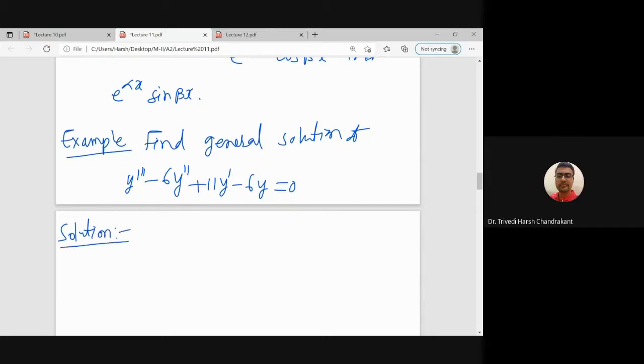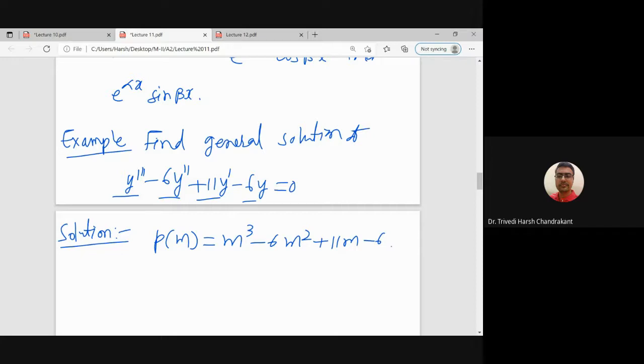And for that, first of all, we need to find the corresponding polynomial. So this is the third order linear differential equation with constant coefficients. So the corresponding polynomial will be 1 times m power 3 minus 6 times m square plus 11 times m minus 6. So this is our characteristic polynomial.